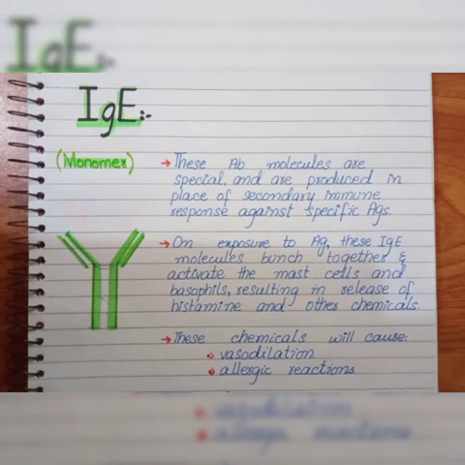These antibody molecules are produced in the secondary immune response, and they are produced against a specific antigen. When a specific antigen enters the body, it binds to these antibody molecules, and after that they release histamine and some other chemicals like serotonin, prostaglandins, and other molecules.